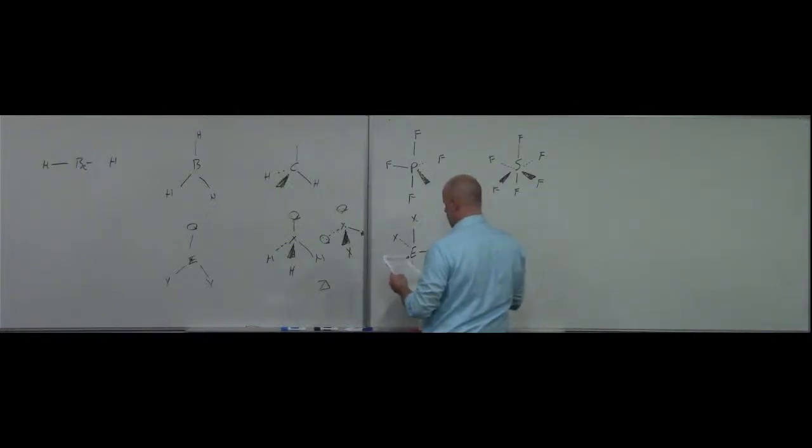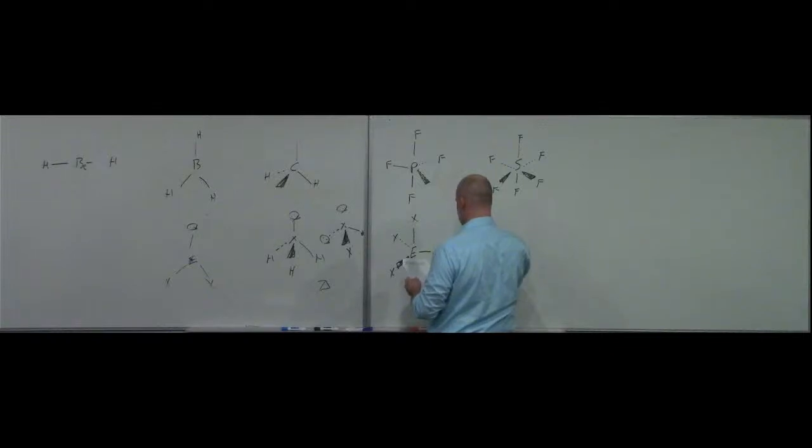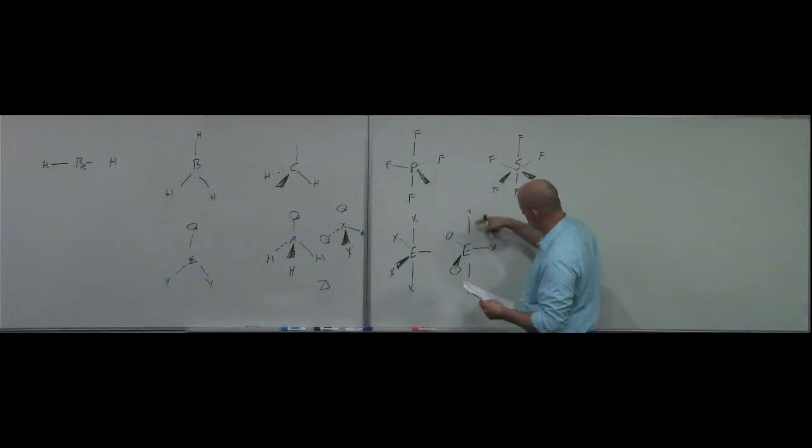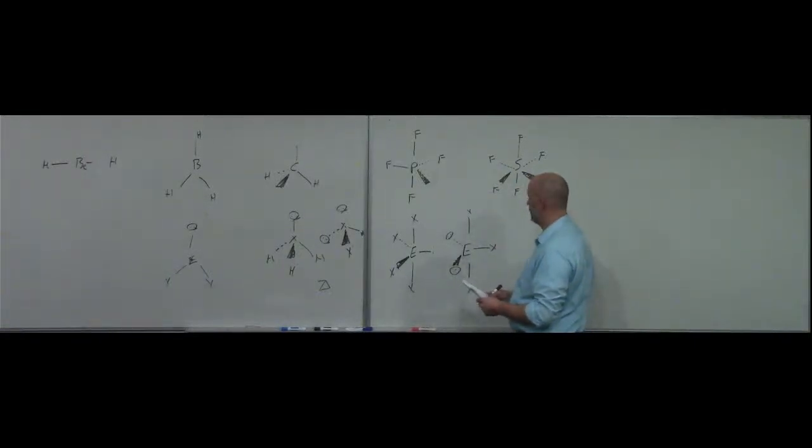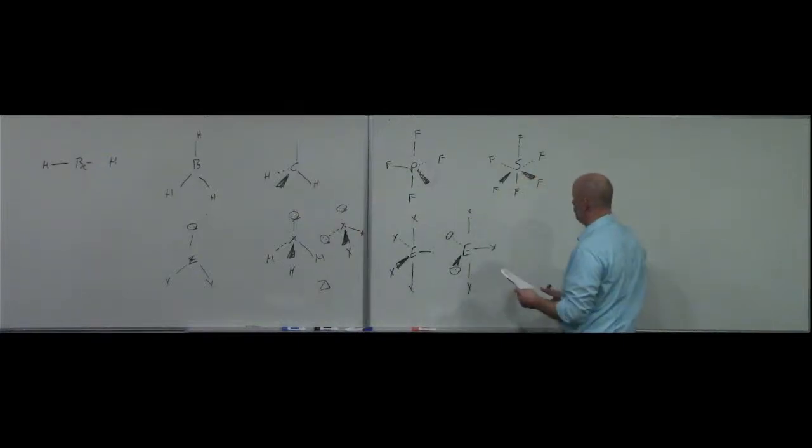With 2 pairs gone, this way. What shape is this going to be? It's the T. Just a T. They're all in the same plane.